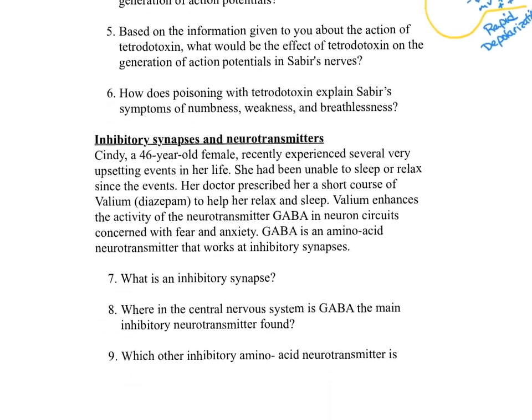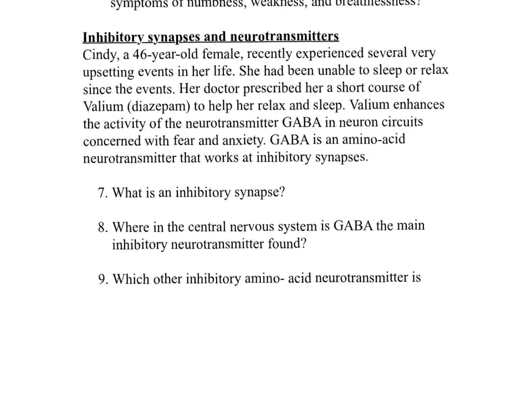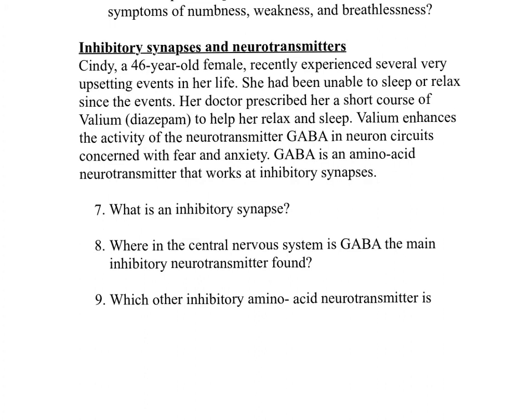All right, now let's look at the second one. We're talking here about inhibitory synapses and neurotransmitters. And we're talking about Cindy, a 46-year-old female. She had recently experienced several very upsetting events in her life. She'd been unable to sleep or relax since the events.